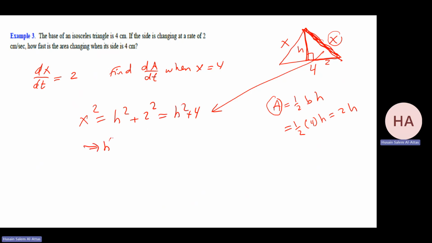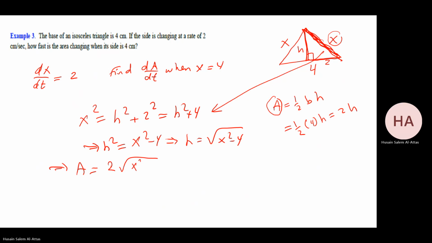So h squared equals x squared minus 4. So h will be square root of x squared minus 4. That implies the area will be 2 root x squared minus 4. Now I have a relation, the area with the side.